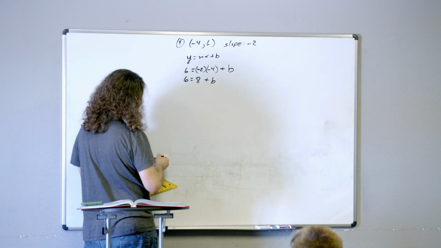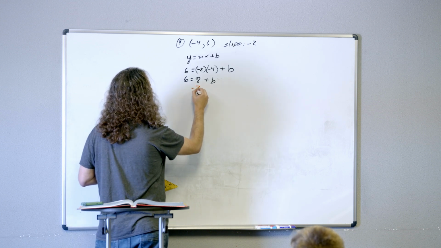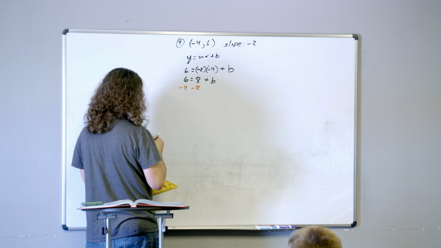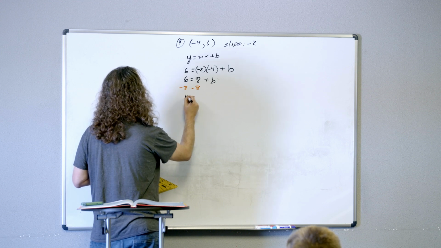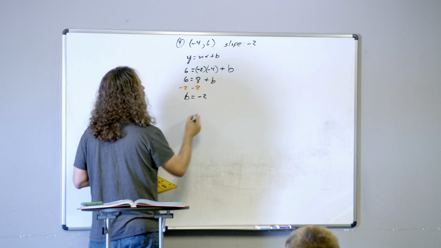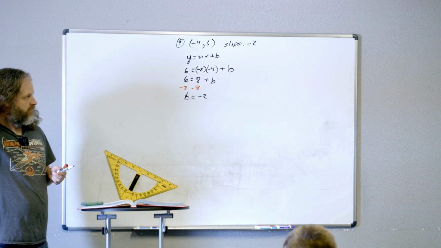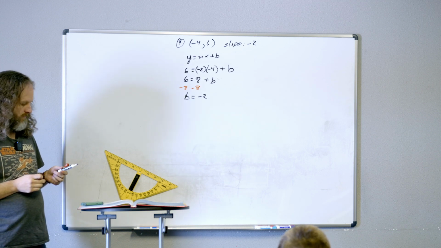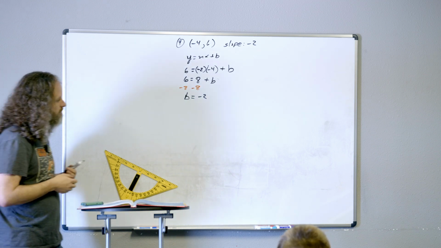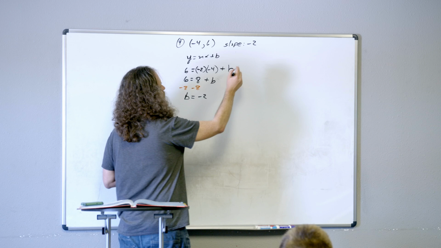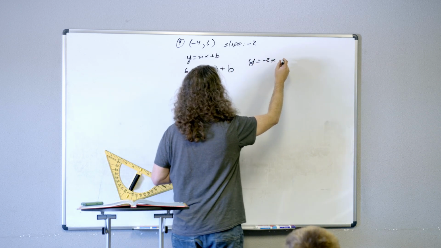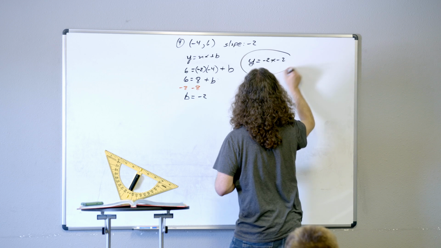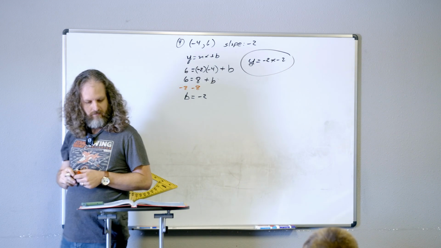Minus 8. So we end up with b equals what? Negative 2. Now what? We put in the formula. So what's it going to be? Y equals negative 2x minus 2.